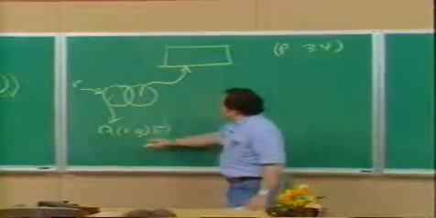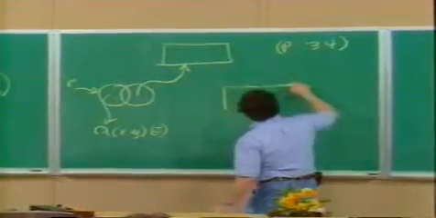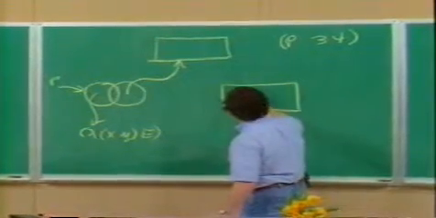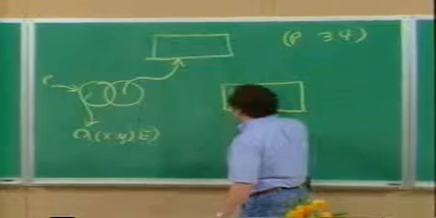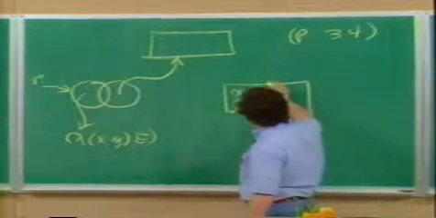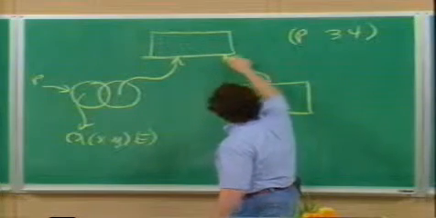Well, what I'm going to do, of course, is make a new frame. I build a frame which contains x equals 3 and y equals 4. And I'm going to connect that frame to this frame over here.